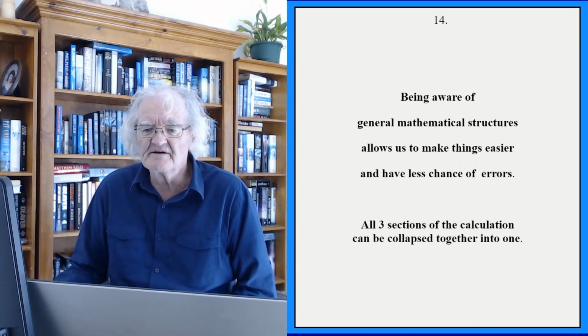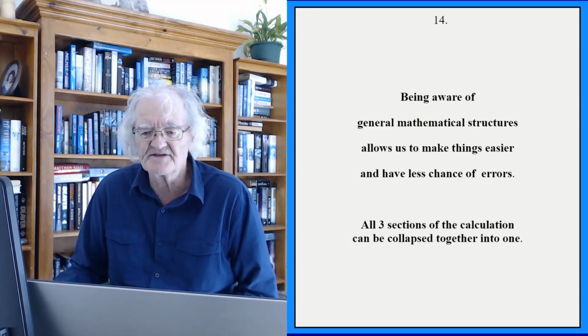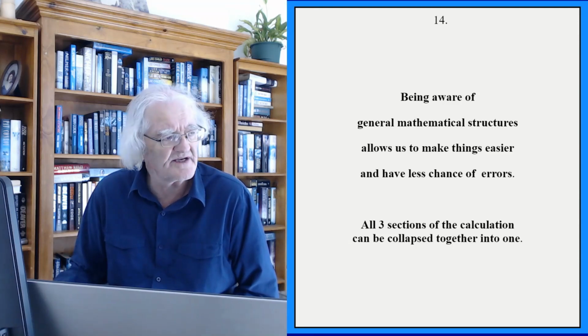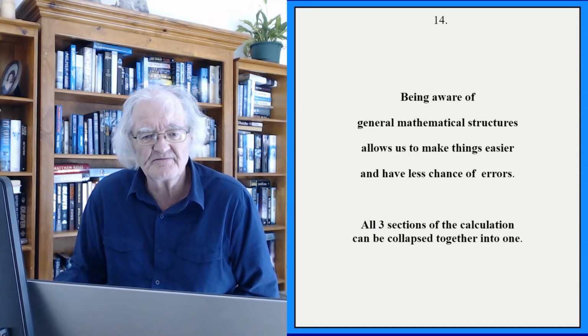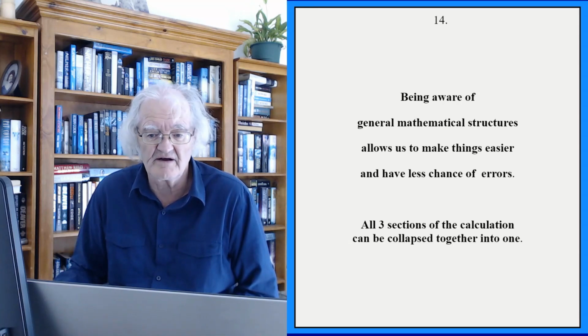Now, being aware of general mathematical structures allows us to make things easier and have less chance of errors. Where we had 3 separate calculations and there was a chance of an error in each, we have a high chance of an error overall.